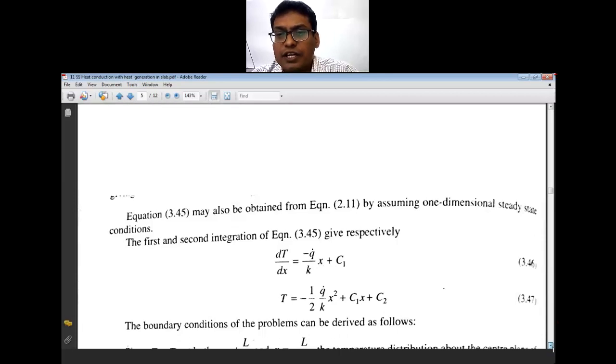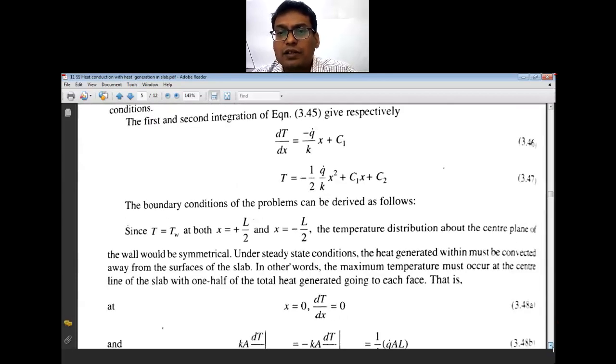Then further integrating it again, you will get the temperature equal to minus half q dot upon k times x square plus c1 x plus c2. Now applying the boundary conditions to this problem. This is more important.